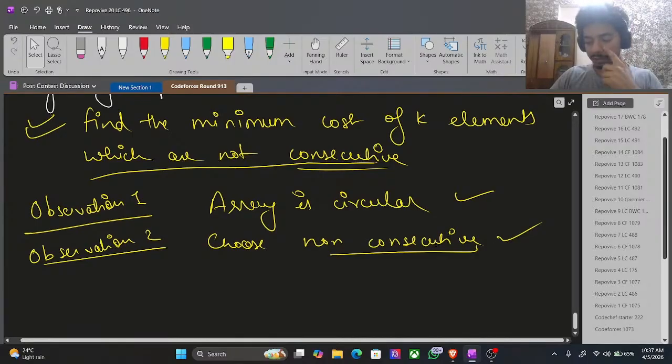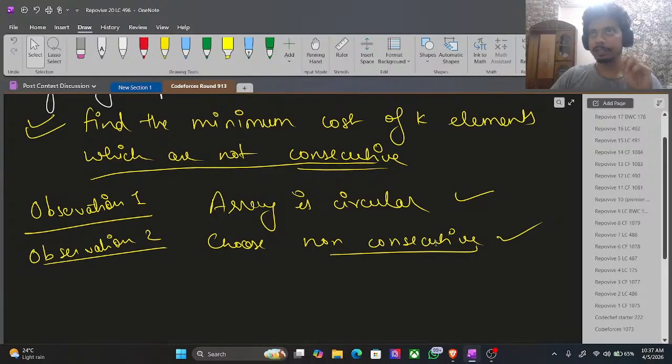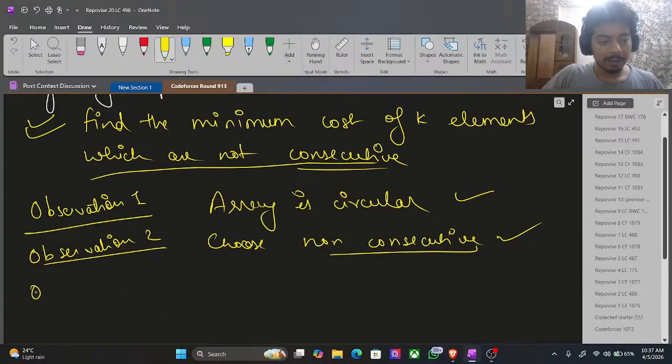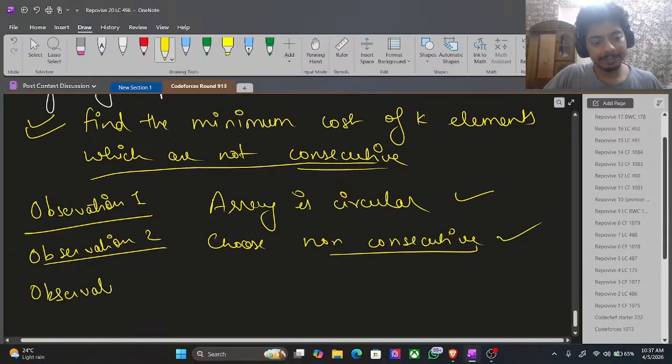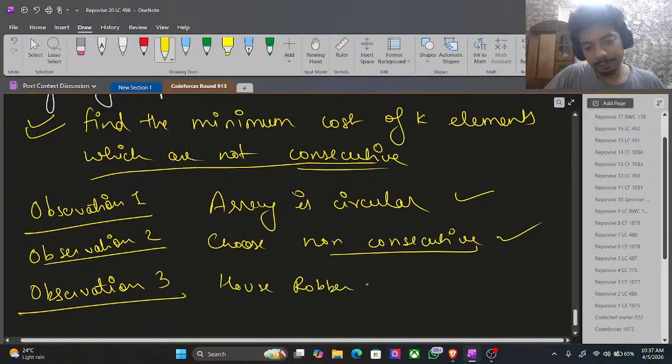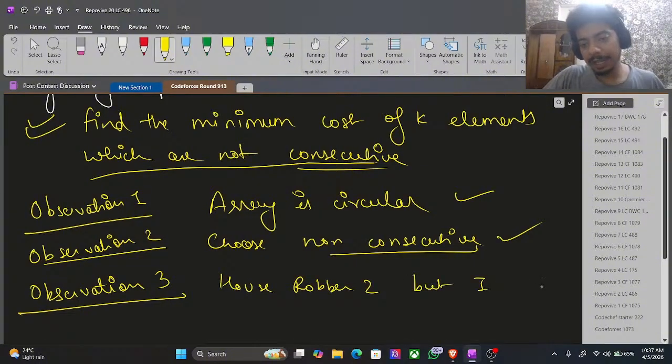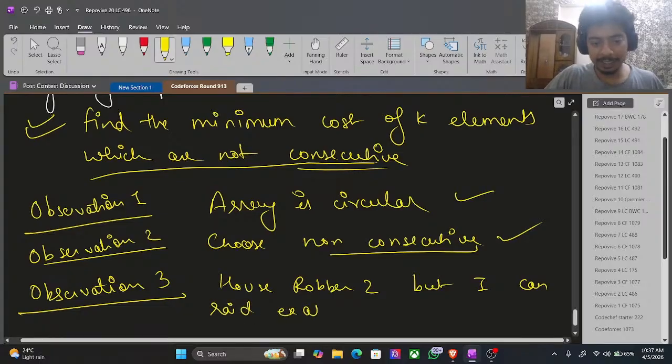There I was asked for the maximum total sum of how many houses I can rob. Here I have to rob exactly k houses and find the minimum. Observation 3: House Robber 2, but I can raid exactly k houses.